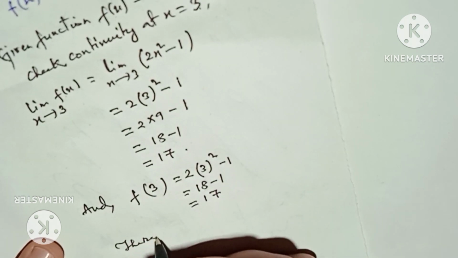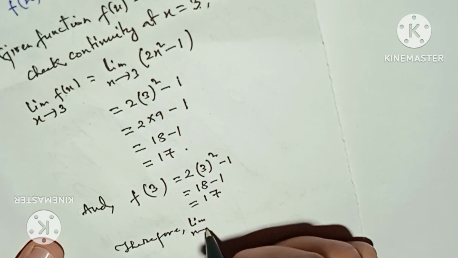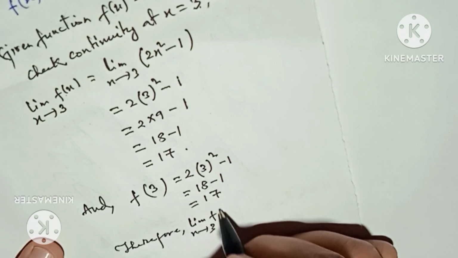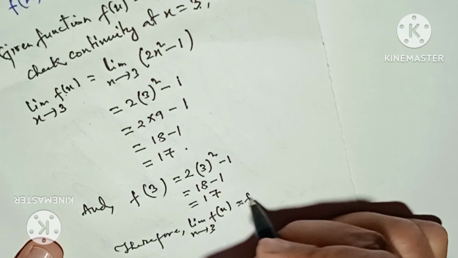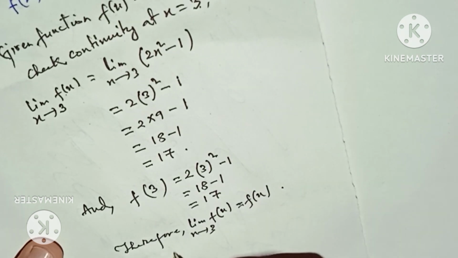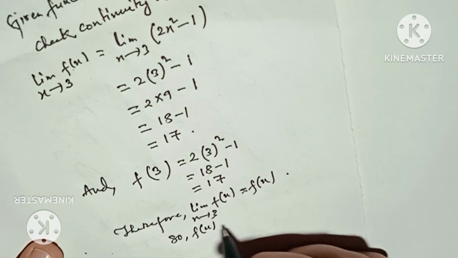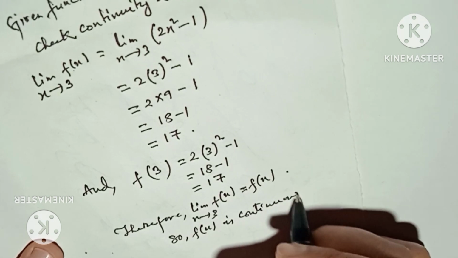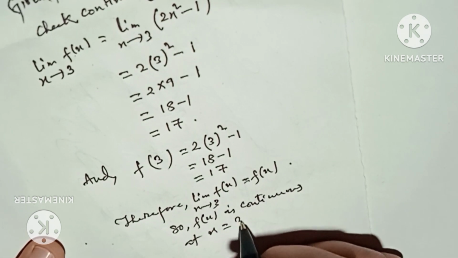Therefore, limit x tends to 3 of f of x is equal to f of 3. So f of x is continuous at x equal to 3.